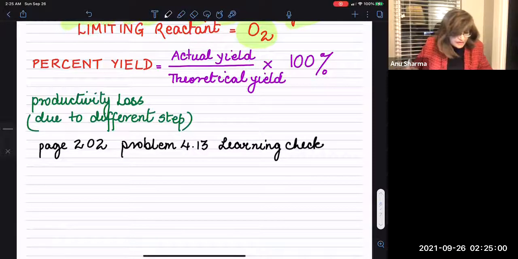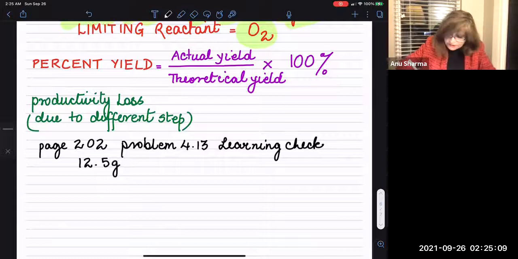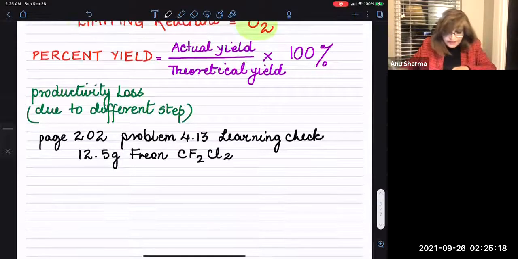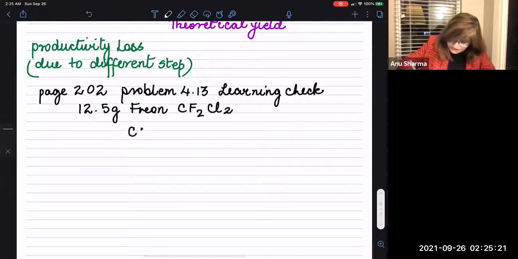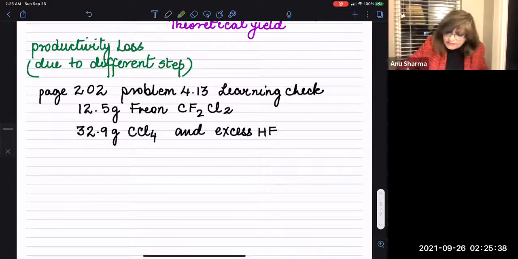And here we see: what is the percentage yield of a reaction that produces 12.5 grams of the gas freon, with the formula CF2Cl2, from CCl4? So carbon tetrachloride, 32.9 grams of it, is used, and excess HF. Anytime you say excess of something, that is obviously a large excess. So that means that CCl4 is acting as the limiting reactant.